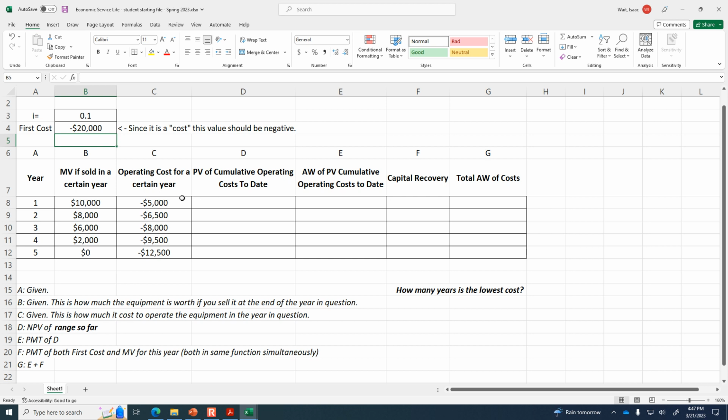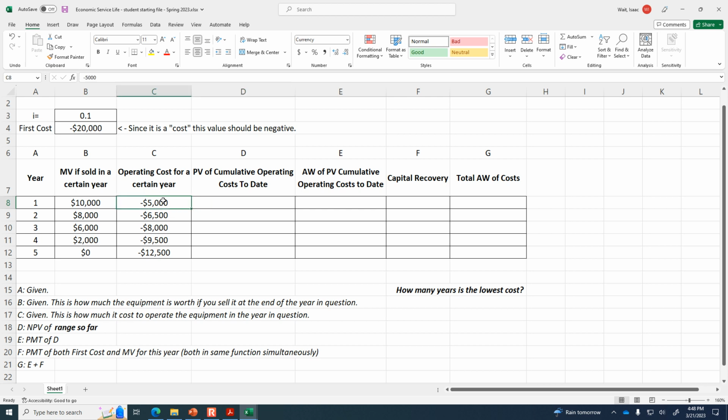Now, we're first going to look at the operating costs in columns D and E. And then column F is related to capital recovery. Capital recovery is going to take into account the first cost and the market value, whereas columns D and E are all just related to this operating cost data.